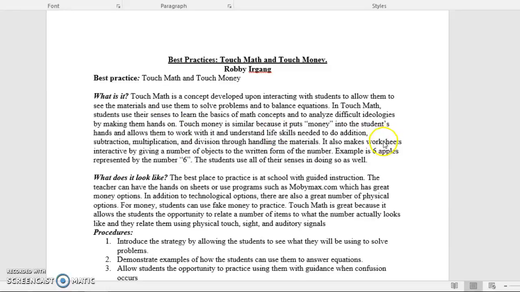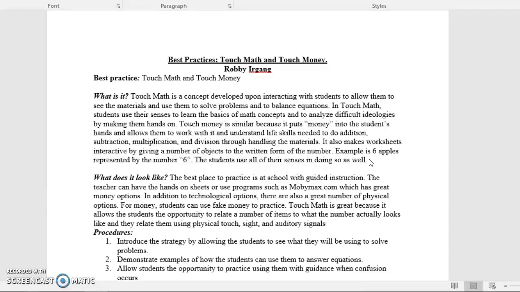What we see here is an example of 6 apples represented by the number 6. So Touch Math also has the opportunity to do some other things that I really find interesting. Touch Math takes items and puts them into the written form that we look at.